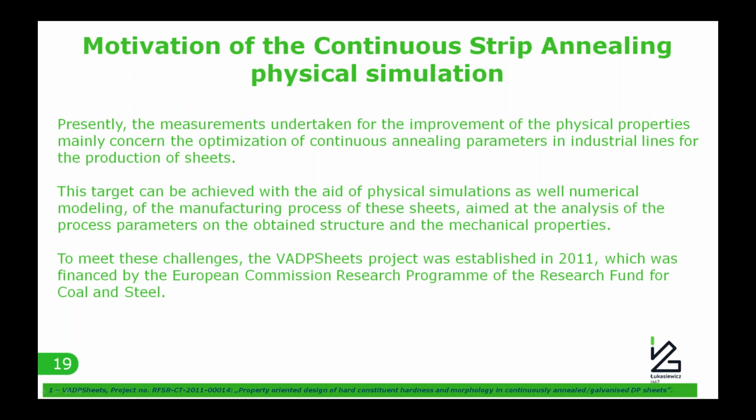To meet these challenges, the WetSheets project was established in 2011, financed by the European Commission Research Programme of the Research Fund for Coal and Steel. Some partial results of this project will be presented next.